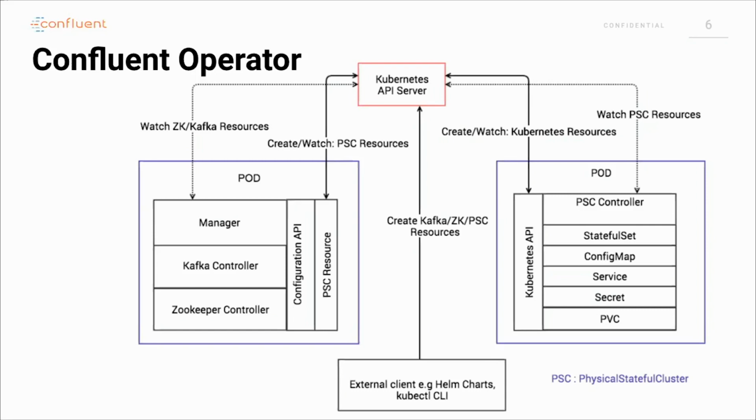On the right side there is a PSC-specific controller, which understands how to parse the PSC configurations and creates all the required stateful sets, config maps, services, secret objects, and PVCs. PSC is kind of like a blob, but only the PSC controller knows how to parse it and create the right application. That can be Kafka, Zookeeper, or any other Confluent Platform component.